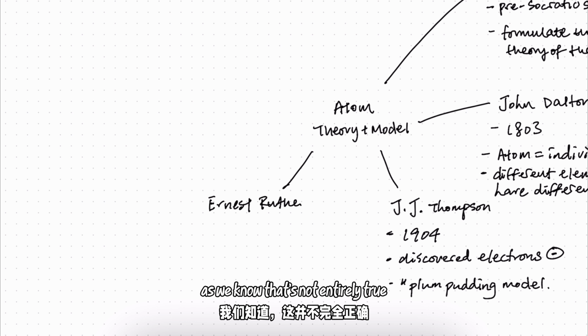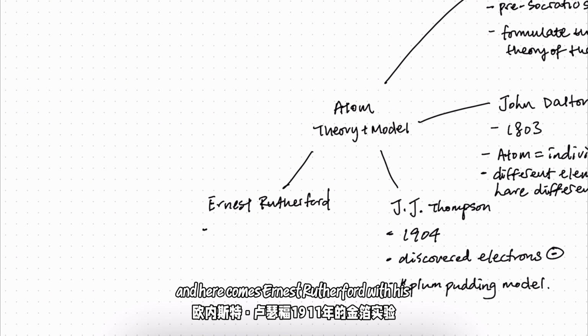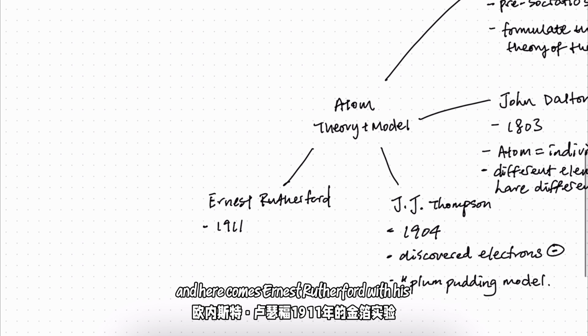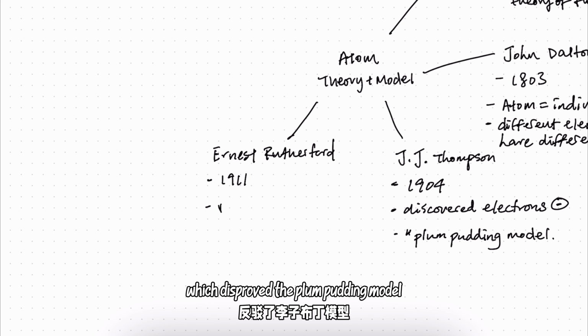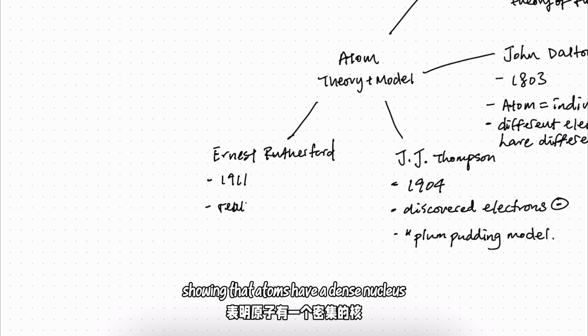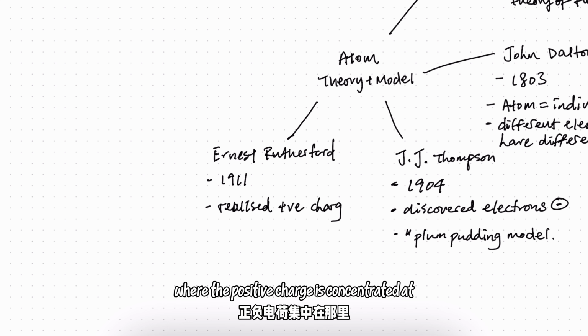As we know, that's not entirely true, and here comes Ernest Rutherford with his gold foil experiment in 1911, which disproved the plum pudding model, showing that atoms have a dense nucleus, where the positive charge is concentrated.